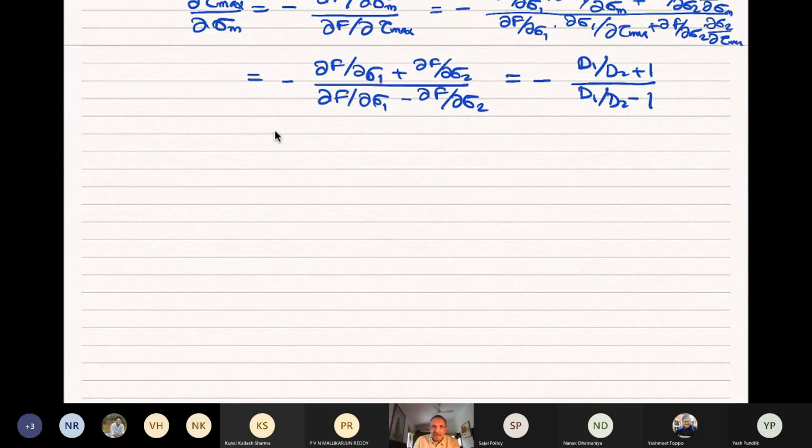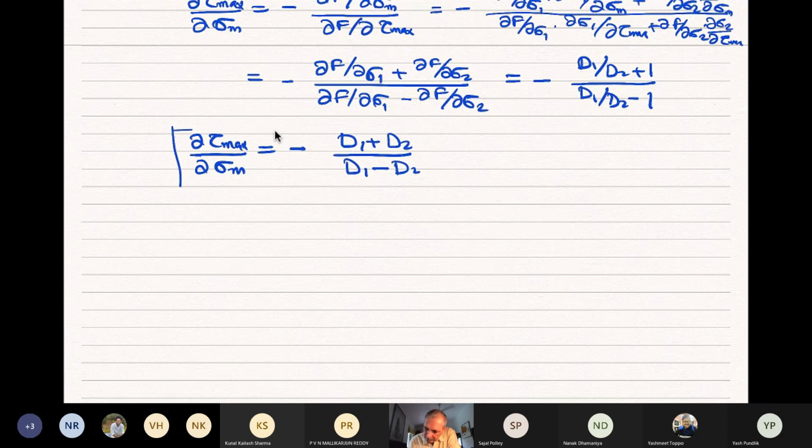And what I've got is that now del tau max by del sigma m is just equal to, I can multiply throughout by d2, and so this is just minus d1 plus d2 divided by... this is what I get.